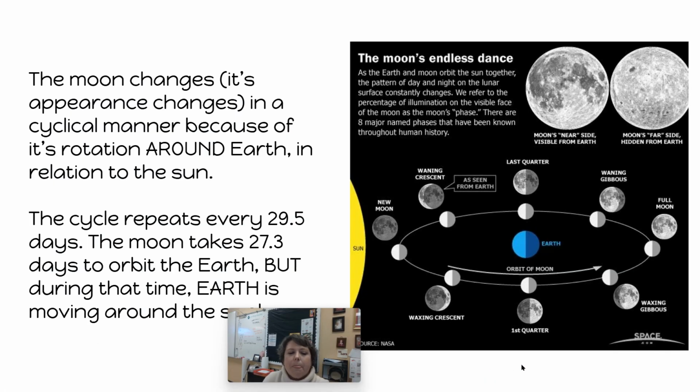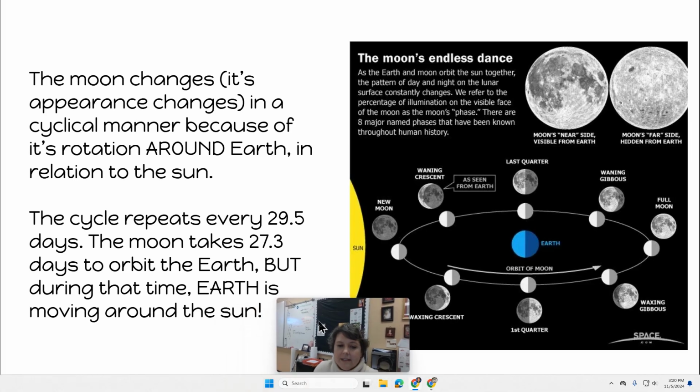All right, so the moon changes phase. That just means its appearance changes. Okay, in a cyclical manner because of its rotation around the Earth and both of our rotation around the sun. So we change in relation to the sun.